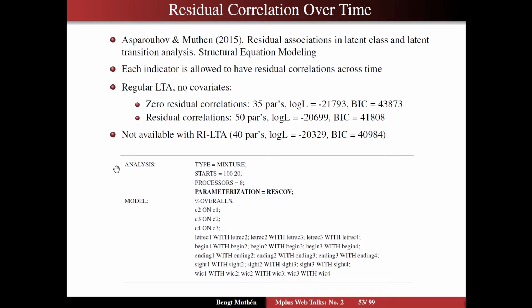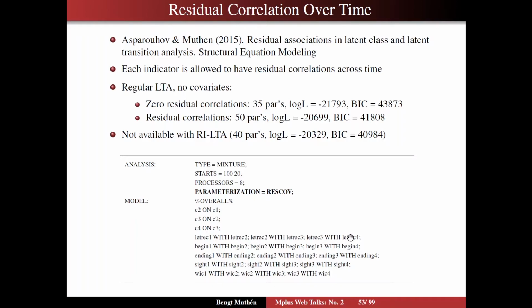Now, here's how you set it up in Mplus. It's still type equals mixture, but now we have the parameterization rescov. So you have the regular model, regression of the C on C, and then you add, for the first item, letter recognition is correlated between time point 1 and time point 2, time point 2 and 3, and 3 and 4.